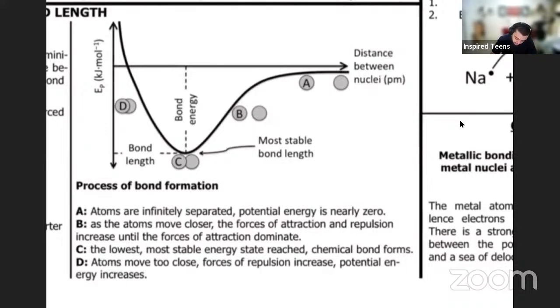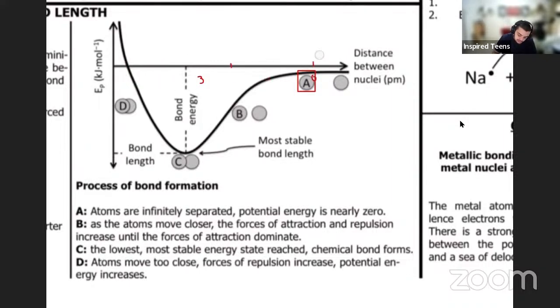For example, let's work with it in order. We have A. Because this represents distance between nuclei, you can suspect that A is really far apart. Compared to B, C, and D, A is when the distance between the nuclei is the furthest apart, because if this is like 1, 2, 3, 4, 5, 6, A is at 6.